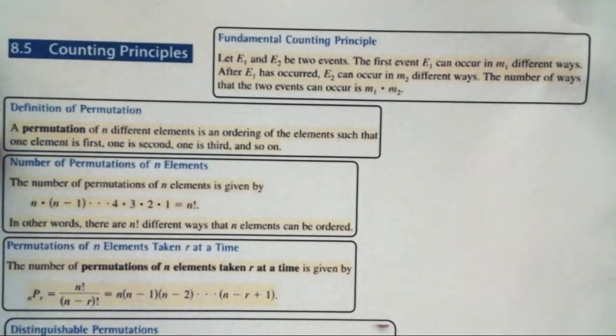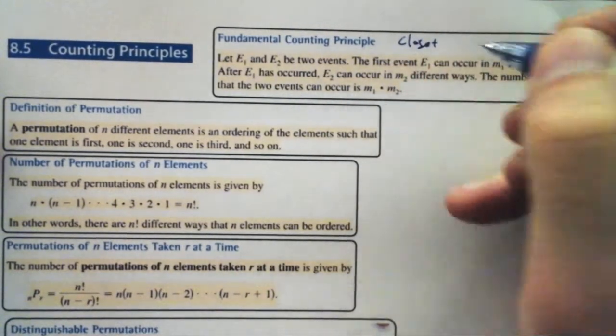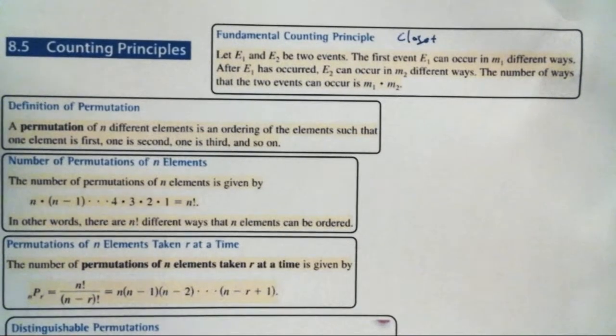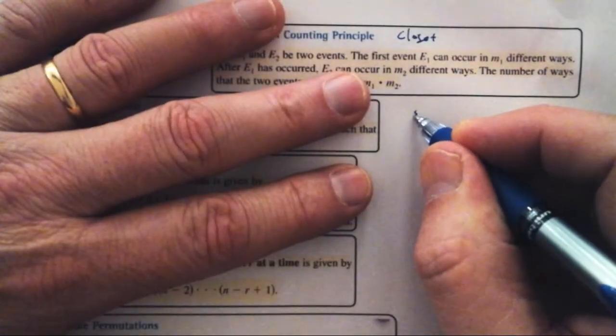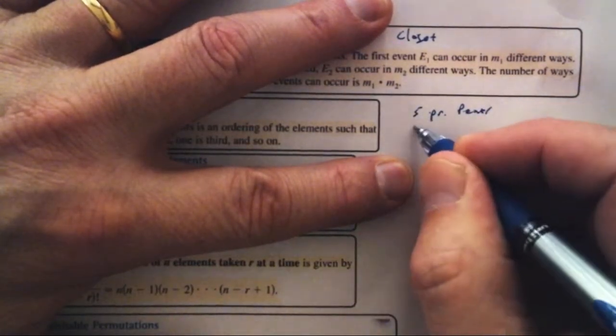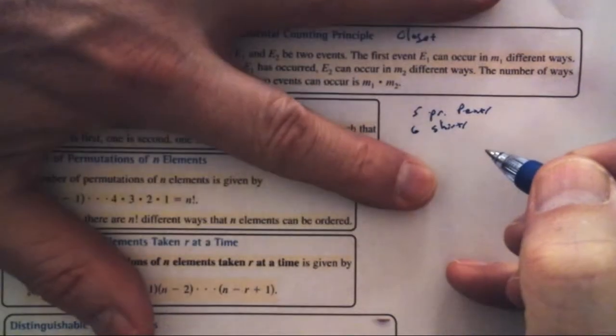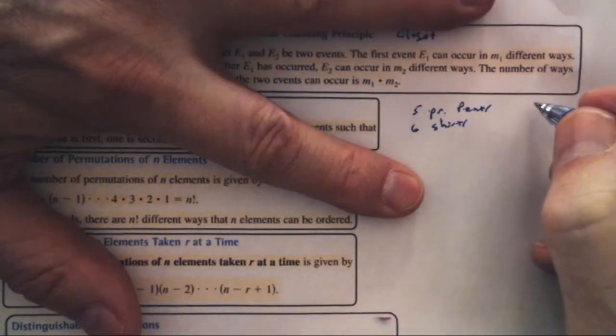So the fundamental counting principle, I would refer to this as a closet problem, because probably the first time you encountered the fundamental counting principle, you had a problem something like you have 5 pair of pants and 6 shirts in your closet, and then you did something like this.